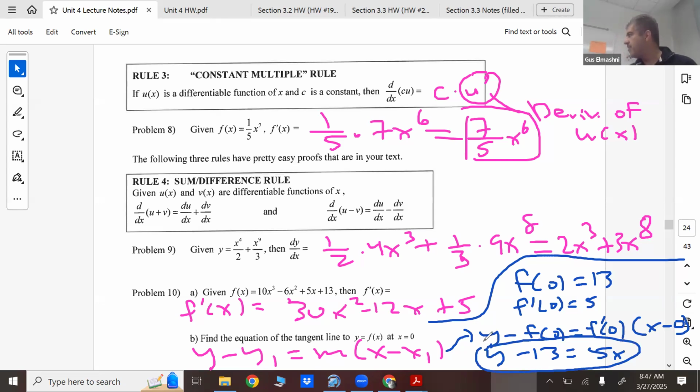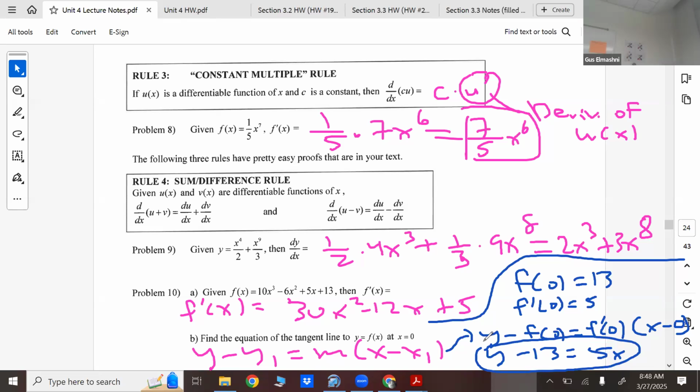So you get that. For number 10, the 5x, is that just like when you put in the derivative, that becomes 5? Exactly. And then 13, because the number is totally 0. Right. So f of 0 is 13, obviously. f prime of 0 is 5 after we take the derivative. When you do the equation of a tangent line, the slope is the derivative.